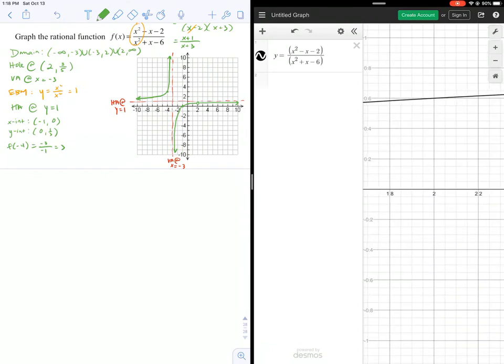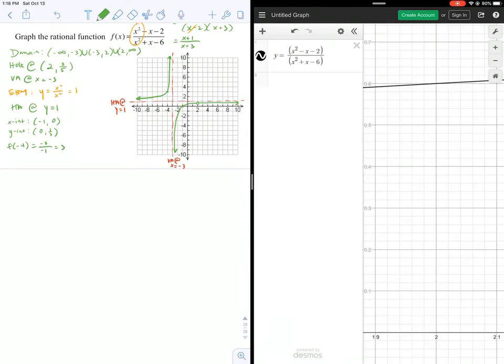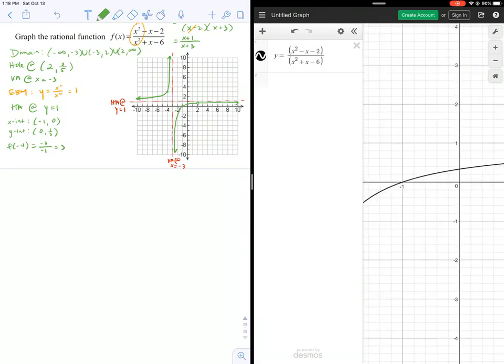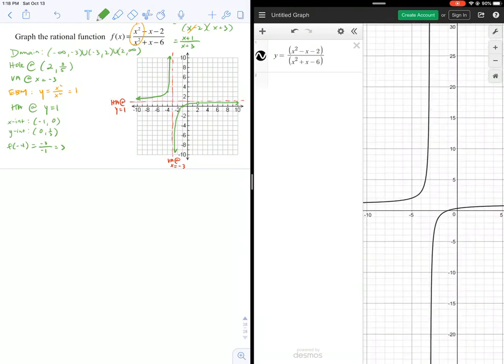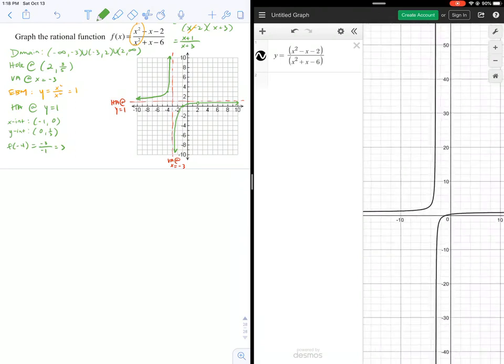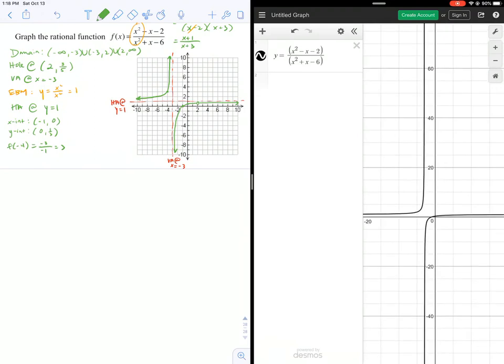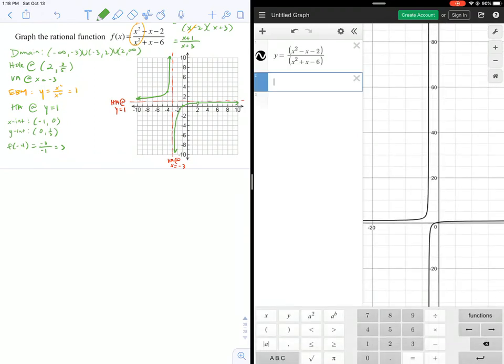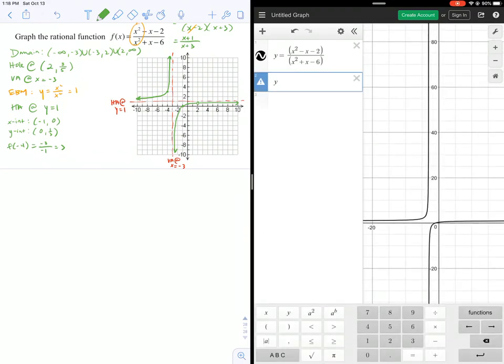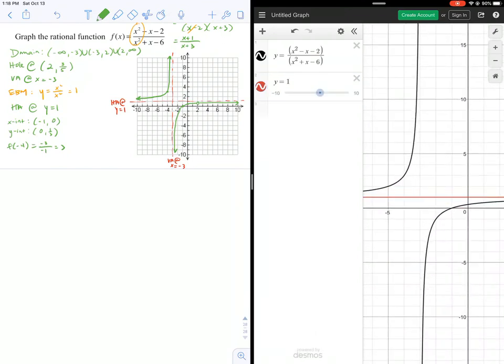Oh, they don't show the hole. Nope, they don't show the hole. But yeah, our graph looks pretty good. See, if we zoom out, the graph is approaching y equals 1. Okay, and our vertical asymptote at x equals -3.